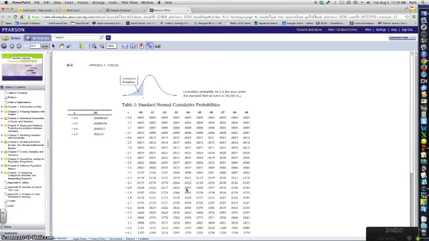And actually I should say it's in between these two values, right? 0.025 is right here at -1.96. So let me flip back over to my page here.